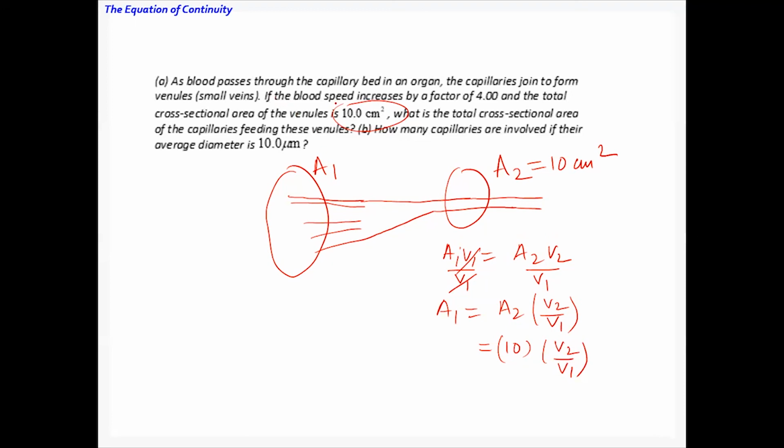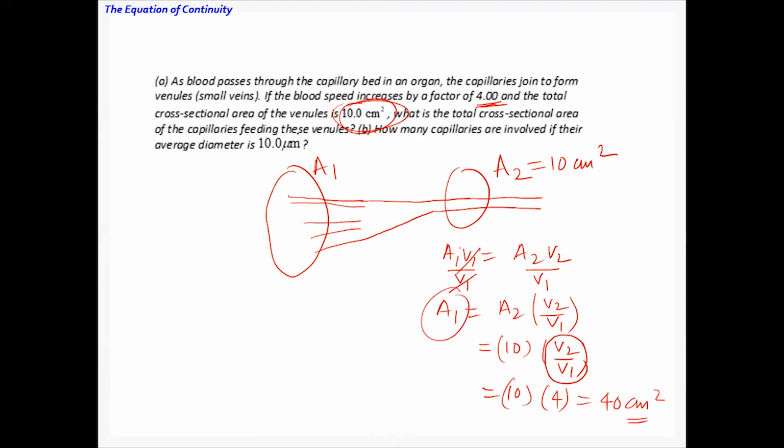If the blood speed increases by a factor of 4, meaning your V2 over V1 is 4. Okay, so 10 times 4, which is 40 cm squared. Remember our unit is cm. We haven't converted that to meter, right? That's why this is the A1.